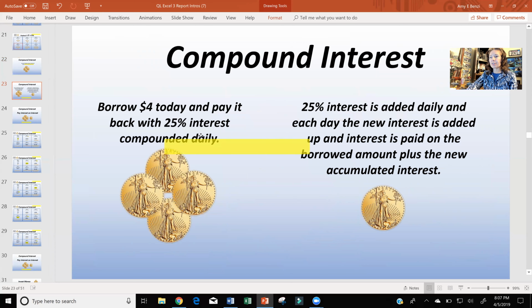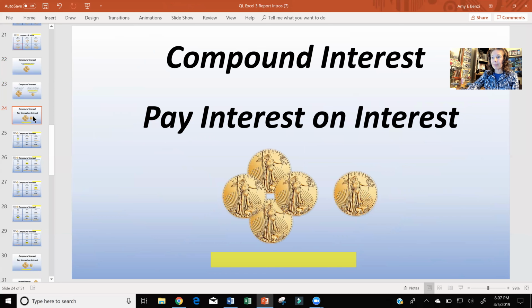Borrowing $4 and paying back 25% interest compounded daily means, of all the stuff that this says over here, the most important thing is, well, I didn't put it on this particular slide, but let me see if I wrote it on the next one. Yes, here it is. This is what I wanted you to see.